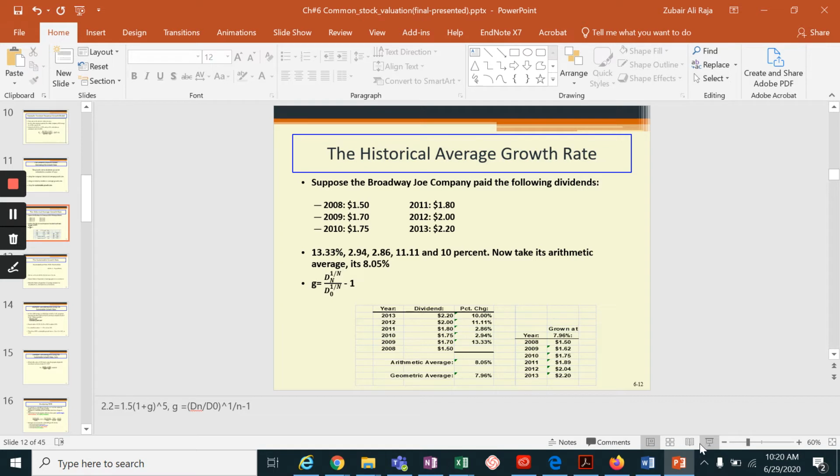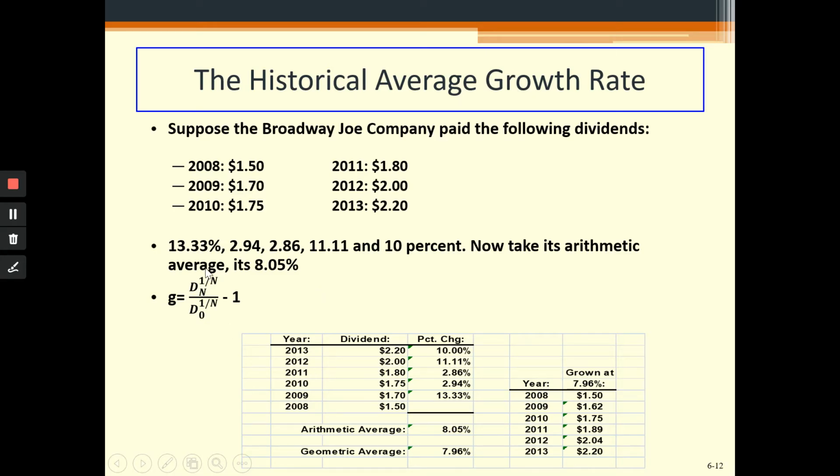The other way is to get the geometric average, and the formula for that is actually very simple, and most analysts use the geometric average to find the perpetual growth of a stable company. Here you have Dn raised to the power 1/n, divided by D0 raised to the power 1/n, minus 1.